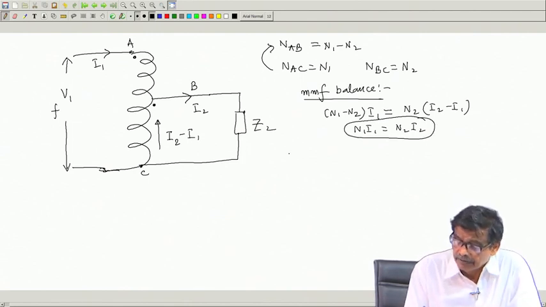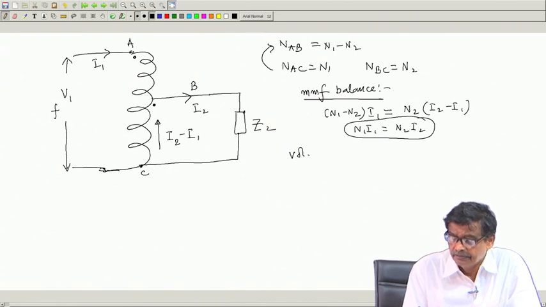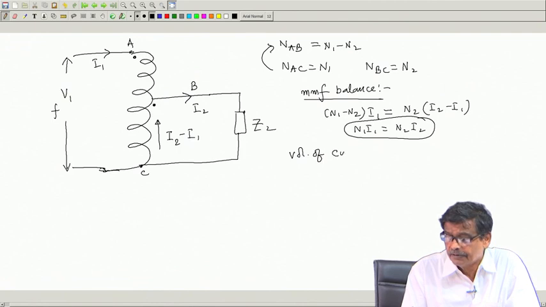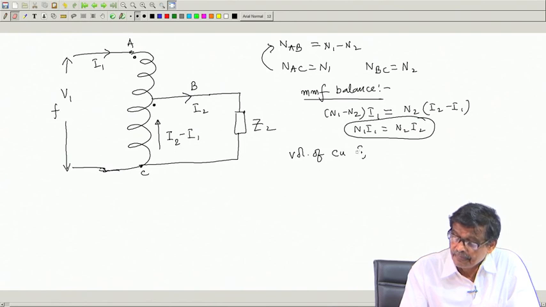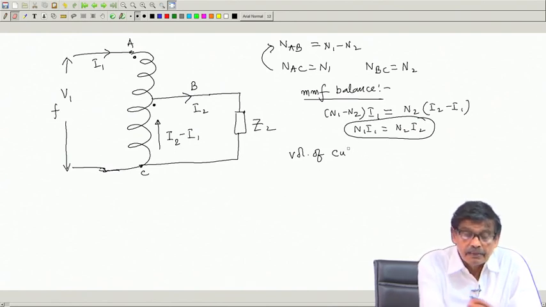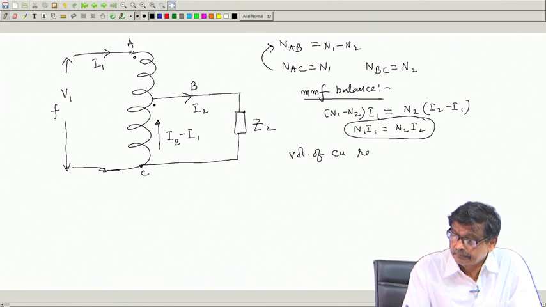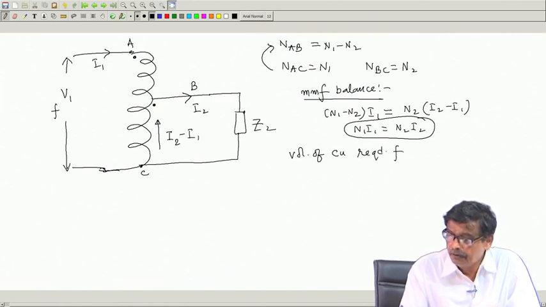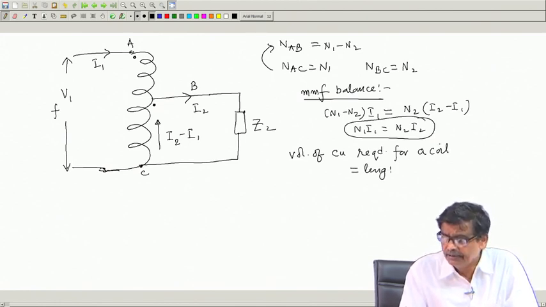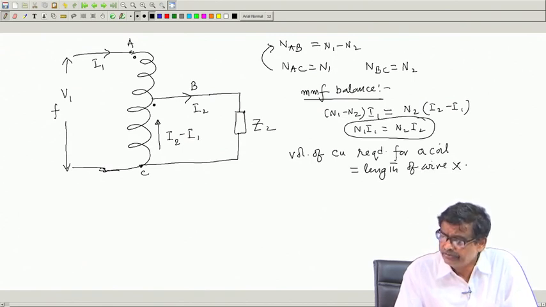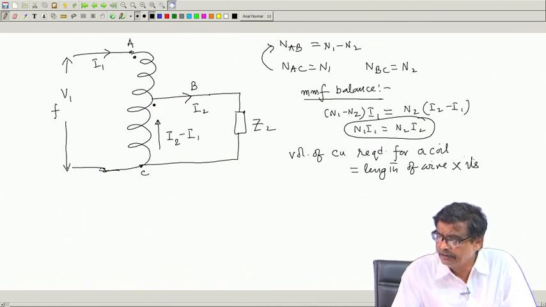Acha, the volume of copper required for a coil will be simply the length of wire into its cross sectional area, the wire cross sectional area.